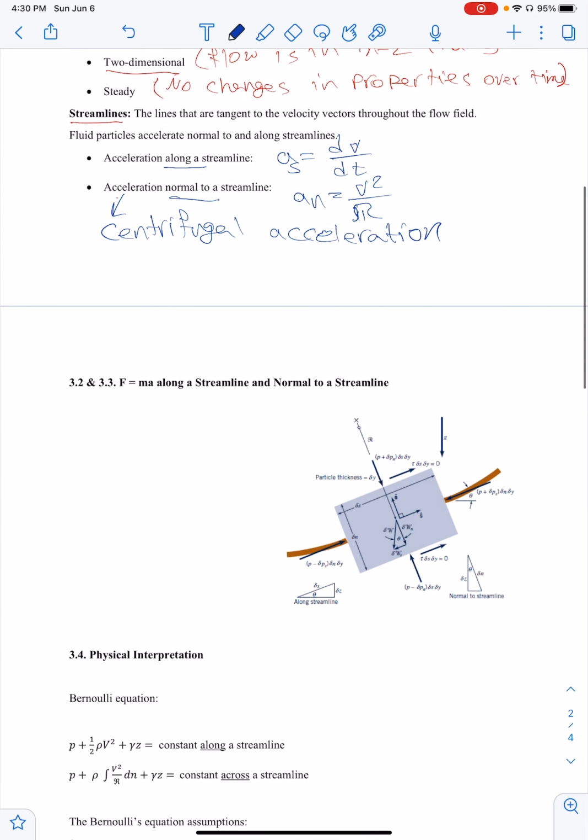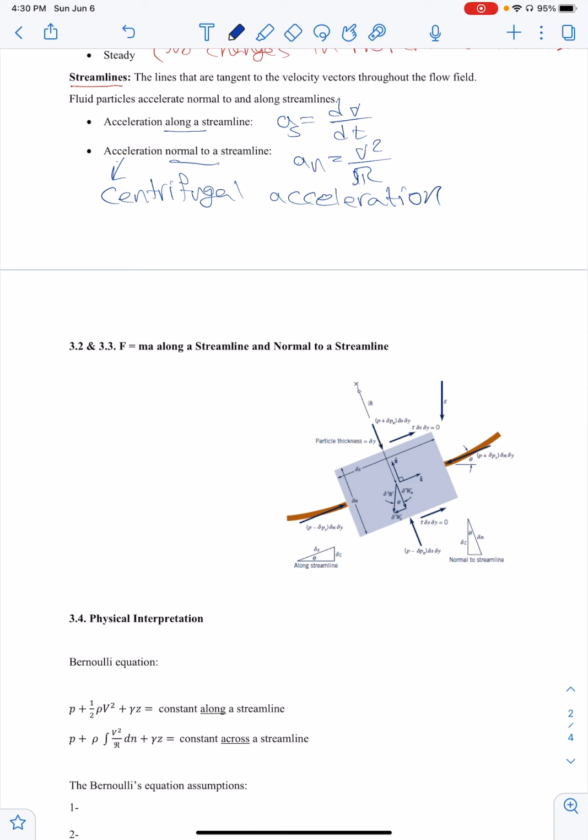Now in this section we consider a small particle of size del s by del n, and we use the free body diagram and apply Newton's second law in the directions normal and along the streamline. This way we can derive the Bernoulli's equation.